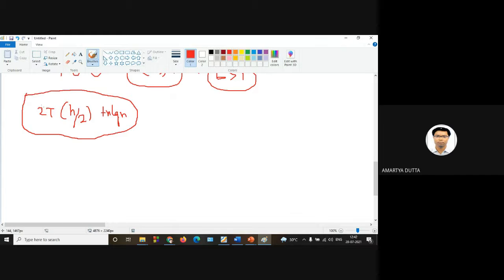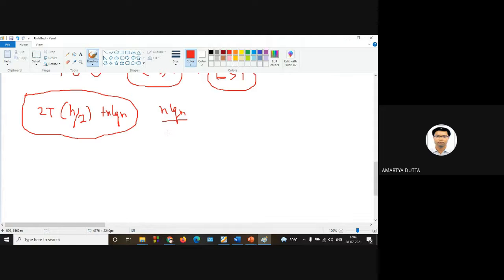Why? Because here we compare f(n) with n^(log_b a). What is your f(n)? f(n) is equal to n log n.